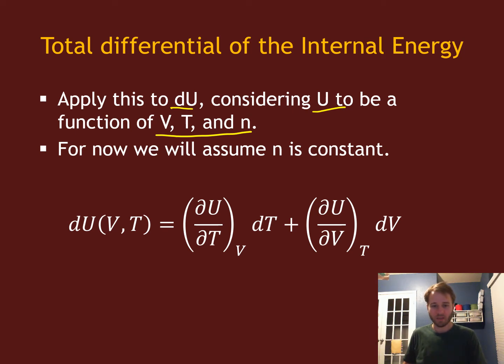And so we're just looking at internal energy U as a function of volume and temperature. And so we have (del U/del T) at constant volume, dT, plus (del U/del V) at constant temperature, dV.